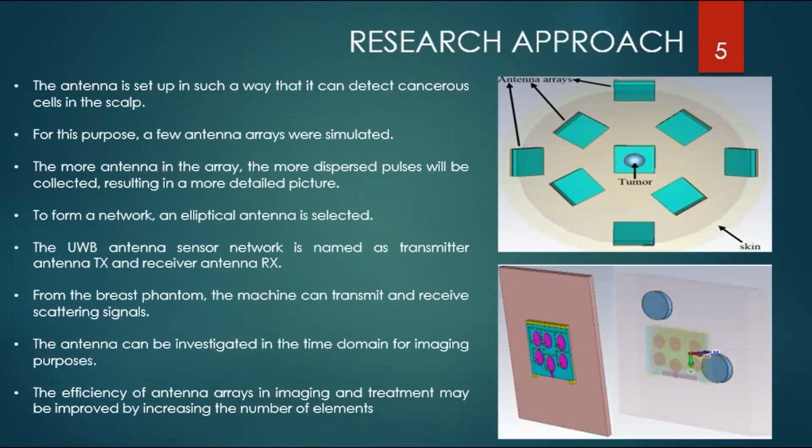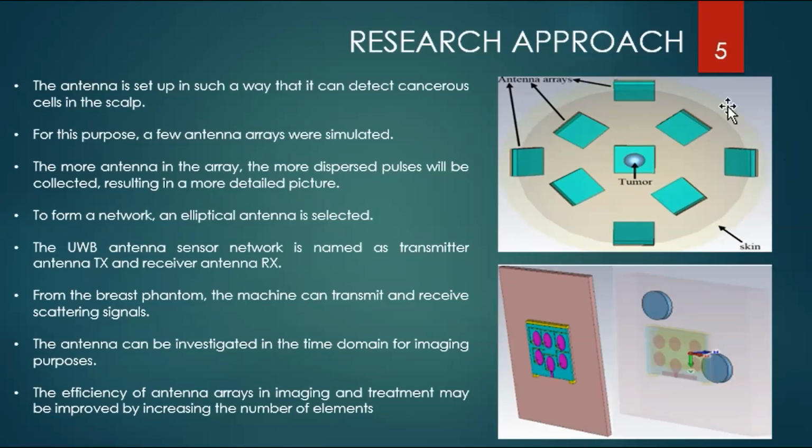As a research approach, the methodology of the work started with setting up the antenna in such a way that it can detect cancerous cells in the breast. For this purpose, a few antenna arrays were simulated. The more antennas in the array, the more dispersed pulses will be collected, resulting in a more detailed picture.